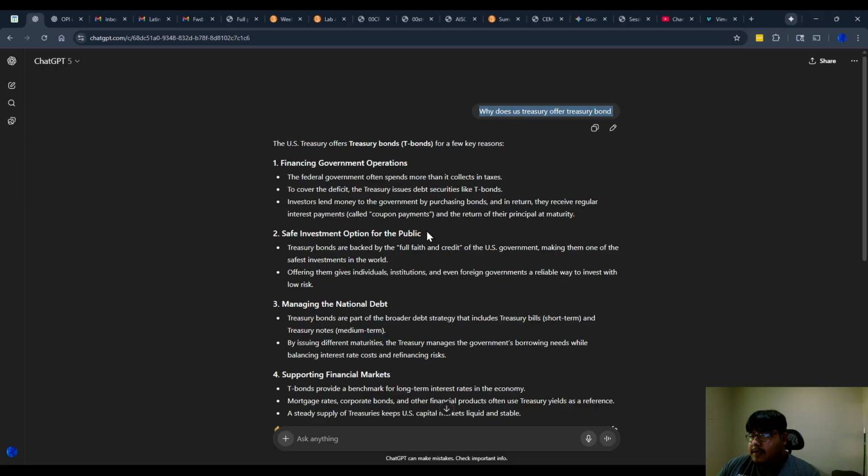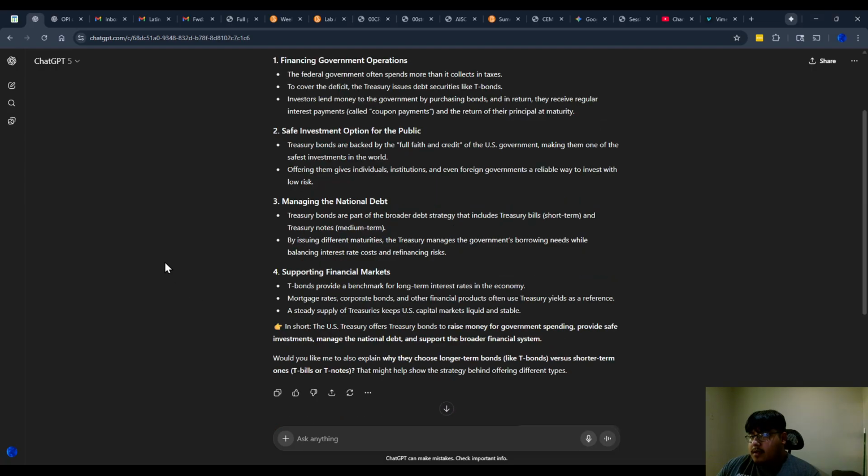Number two, safe investment option for the public. Treasury bonds are backed by the full faith and credit of the U.S. government, so it's one of the safest investments in the world. Number three, managing the national debt. Treasury bonds are part of a broader debt strategy that includes Treasury bills, which are short term, and Treasury notes, medium term. So by issuing these different maturities, the Treasury manages the government's borrowing needs while balancing interest rate costs and refinancing risks.